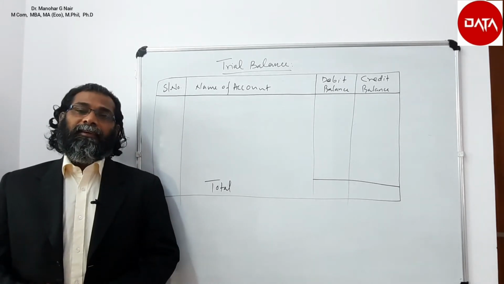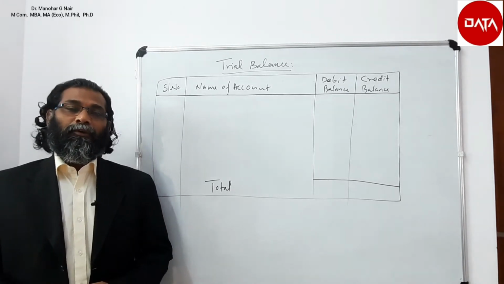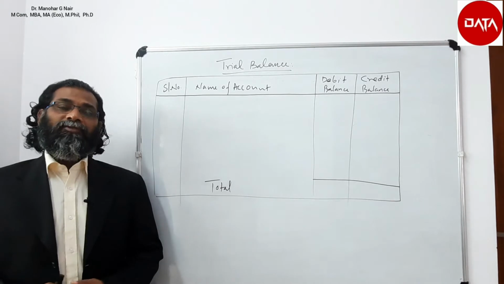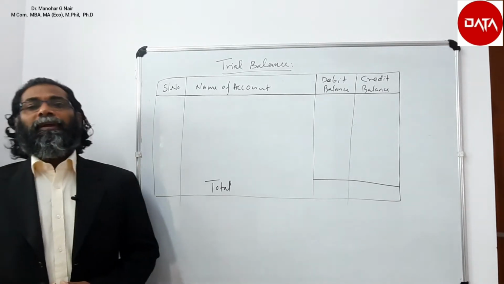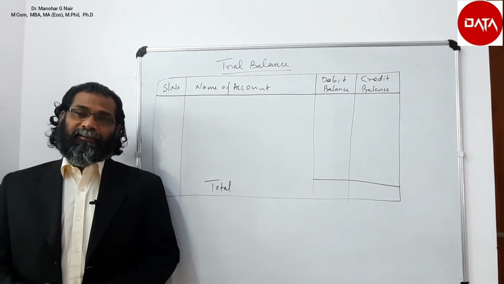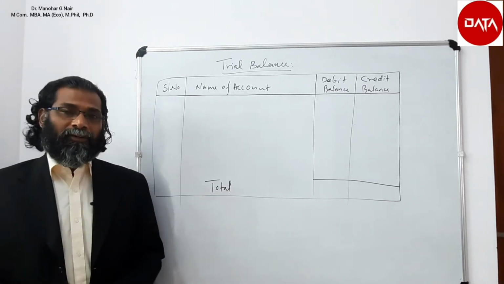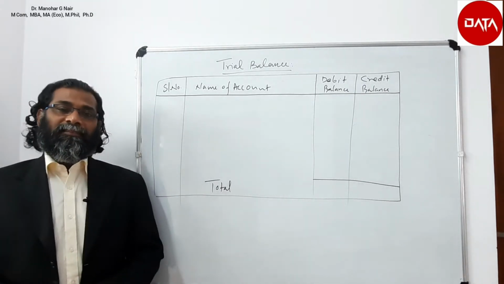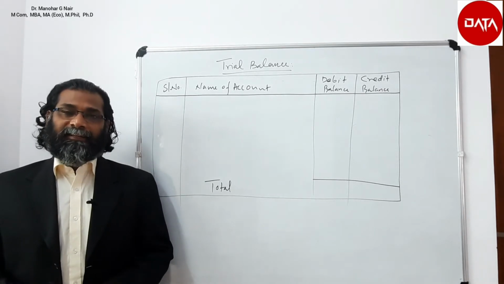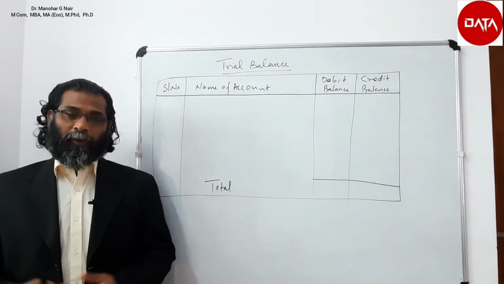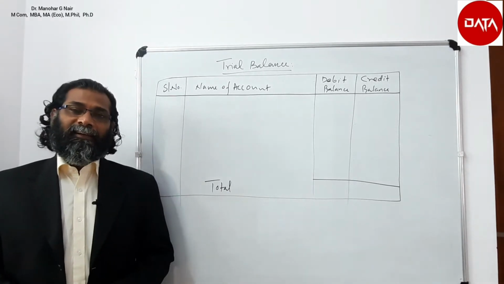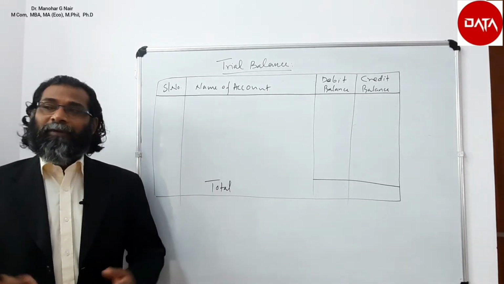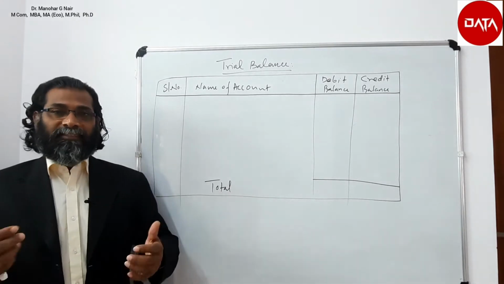Now let us see the important features and objectives of preparing a trial balance. The trial balance is prepared on a particular date based on the account balances extracted from the accounts prepared, and it will contain various debit balances as well as credit balances.